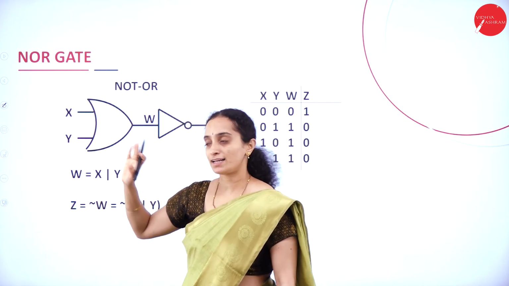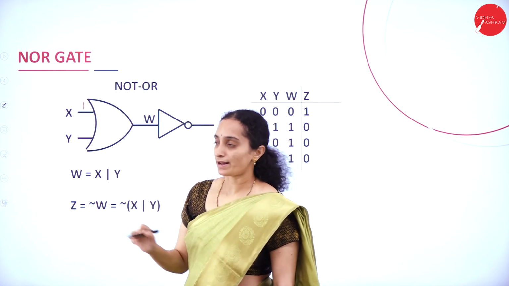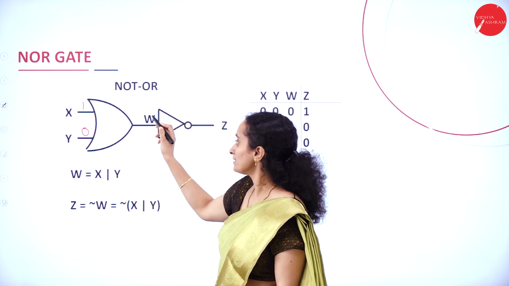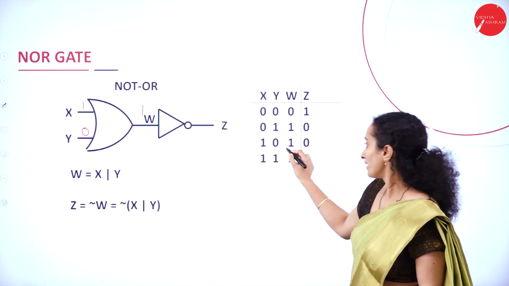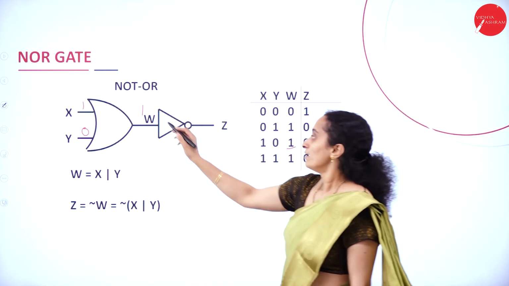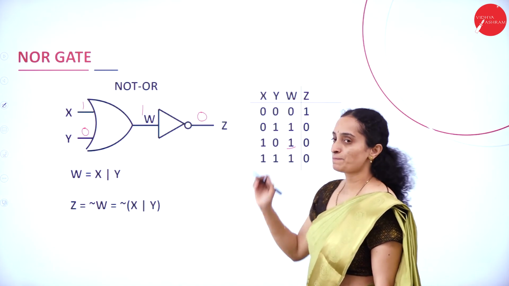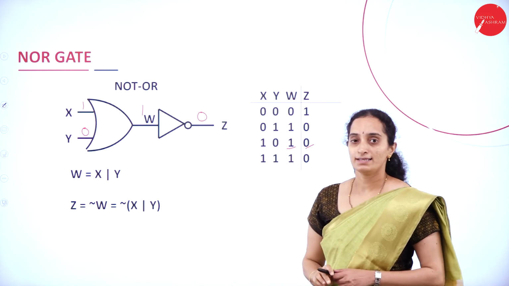If I take another case, when X is 1 and Y is 0, 1 plus 0 gives you 1. Here we have 1. When it passes through the NOT gate, you will get 0, isn't it? This is the final result.